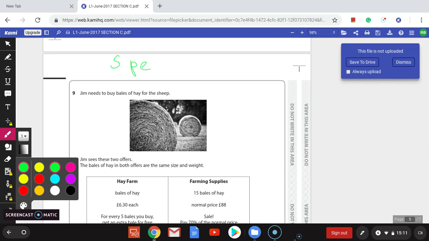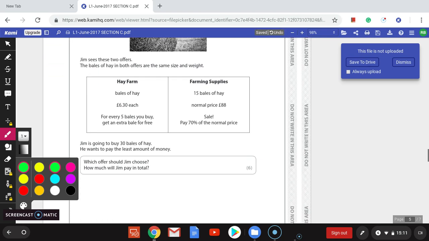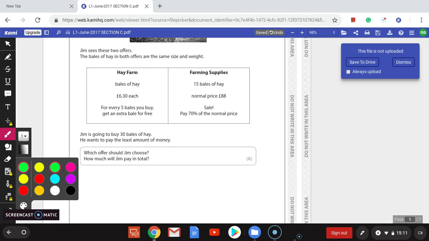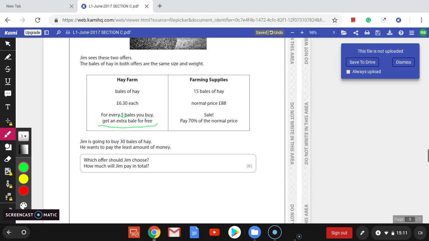Sometimes it involves buy 1, get 1 free, or buy 2, get the third free. And in this case, for every 5 you buy at Hay Farm, you get an extra one free. So this can be quite confusing for learners. Okay, you need to buy 30 in total, and we need to compare both of the options, the two companies.